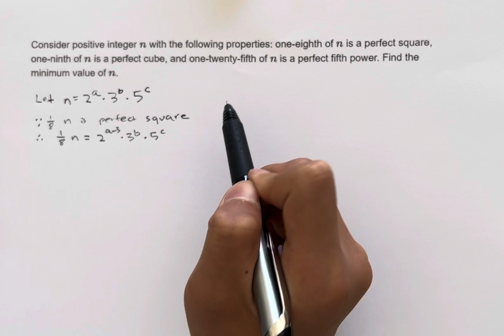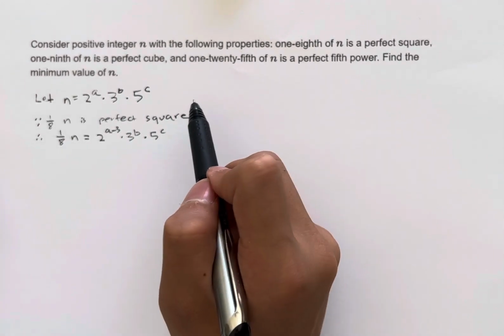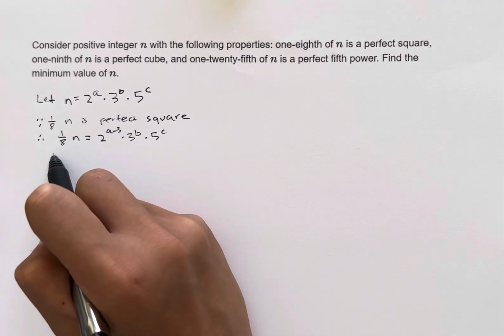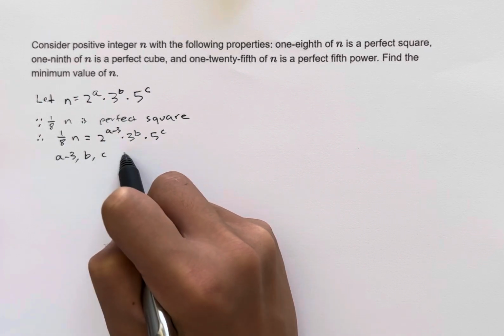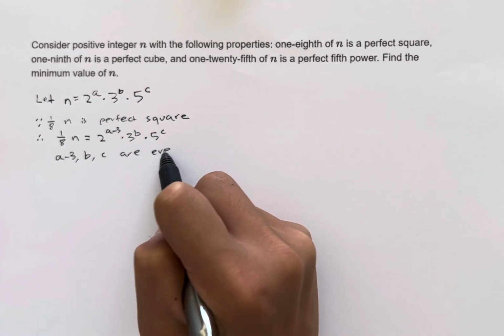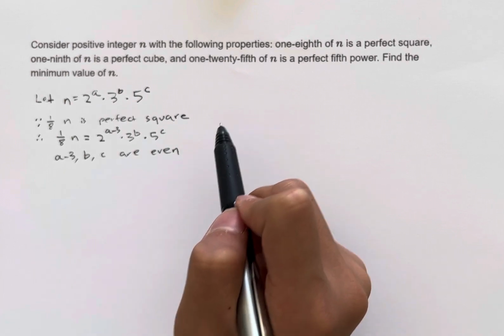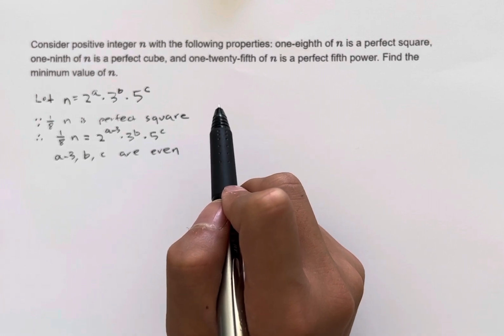These two stay the same. And then we can have that a minus 3, b, c are even by properties of perfect squares.